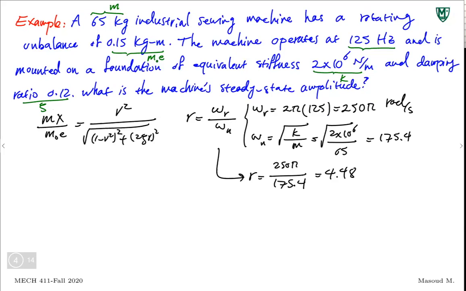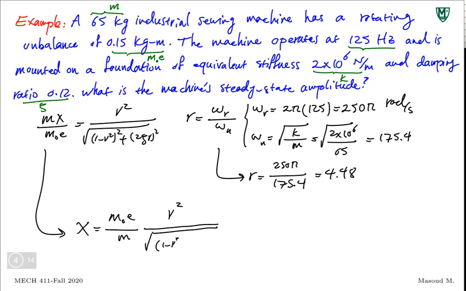Well, the rest is pretty straightforward. When you have R and you have zeta, from there you can get your X, which would be m naught E over m, times R squared over the square root of (1 minus R squared) squared plus (2 zeta R) squared. Here we know m, which is 65. We know m naught E, 0.15.